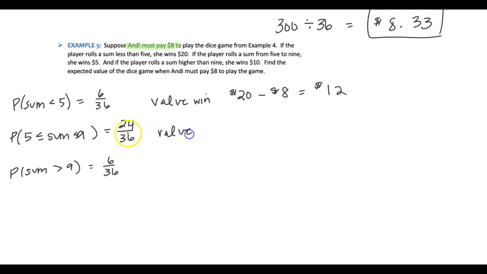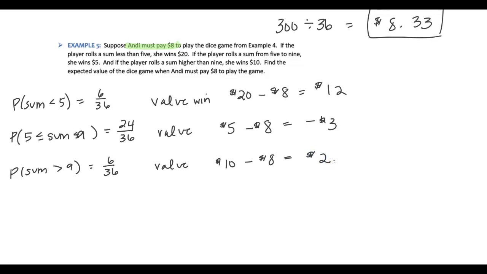The value of winning between a sum of 5 and 9 is going to be the $5 that they would have won, but we're going to deduct the 8 that had to be paid to play the game, which is now a loss of $3, which we could designate as a negative. The value for rolling a sum greater than 9 was $10, but again, to pay 8 means that the take-home would only be 2.